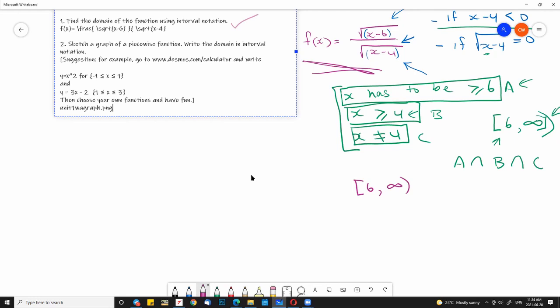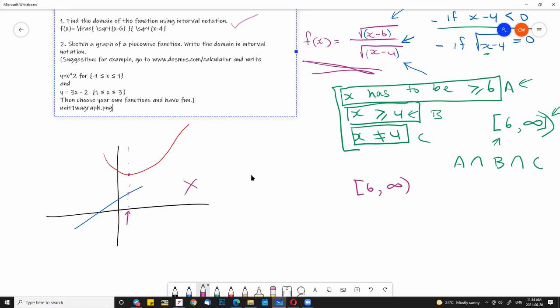So if we're drawing a piecewise function and you say, okay, I'm going to use this piece and I'm going to use that piece, this here would be wrong because there are points here where it will fail the vertical line test. You see?